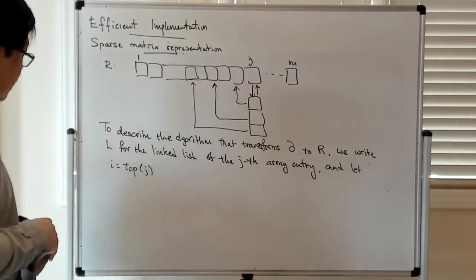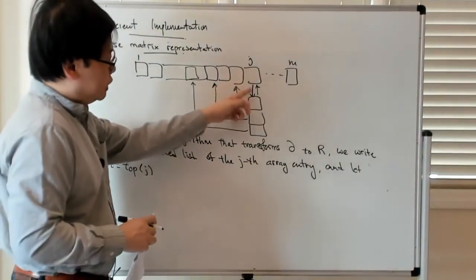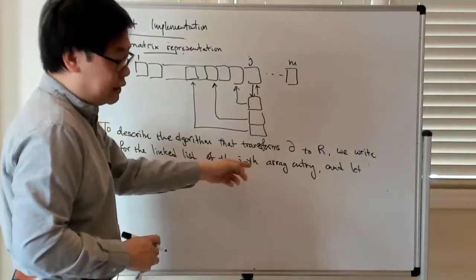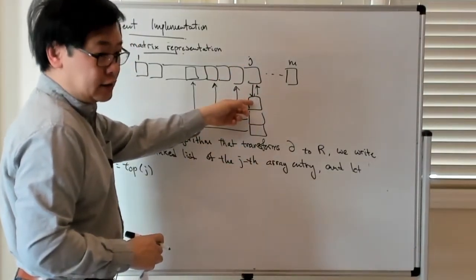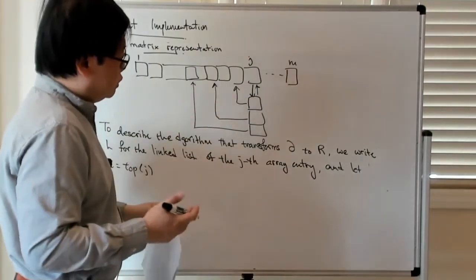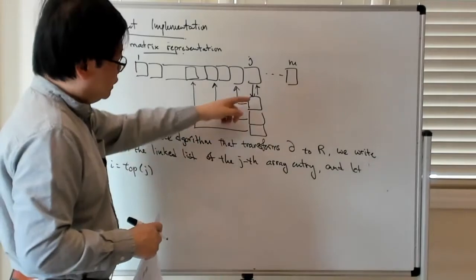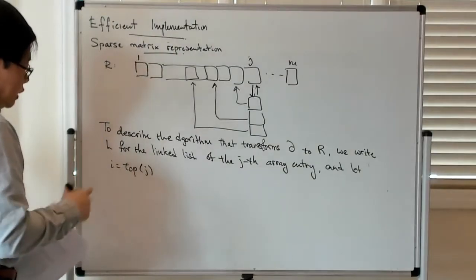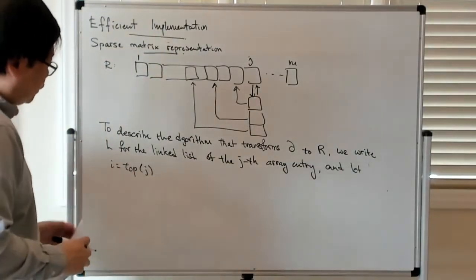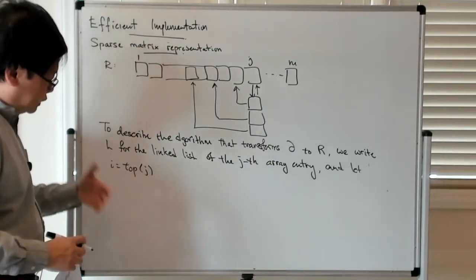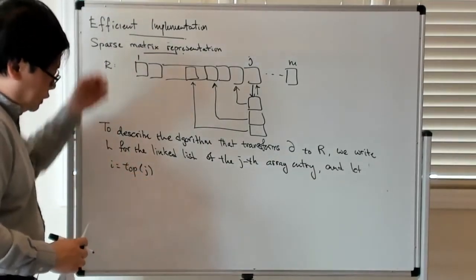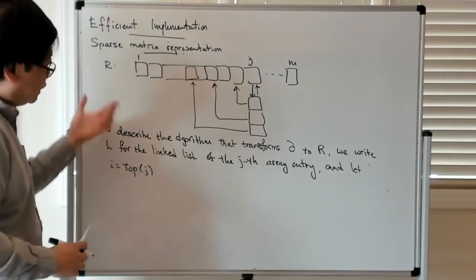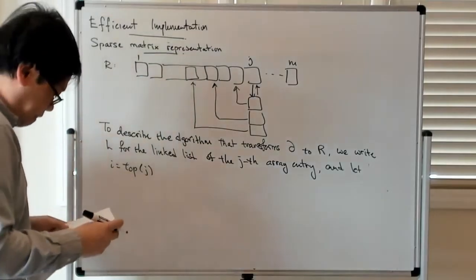And again, if you remember, we've ordered the entries in the linked list so that the one of the highest index appears first. So at least with the boundary case, this just corresponds to the lowest one. So in our original algorithm, where we're directly manipulating the matrix as a two-dimensional array of numbers, the lowest one played an important role, and the analogous thing in our algorithm is this top entry.